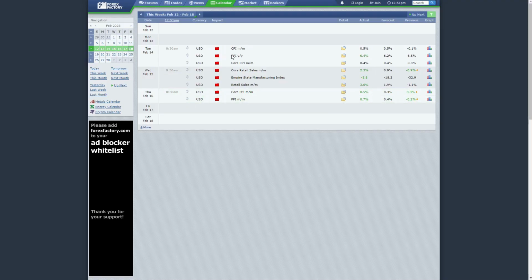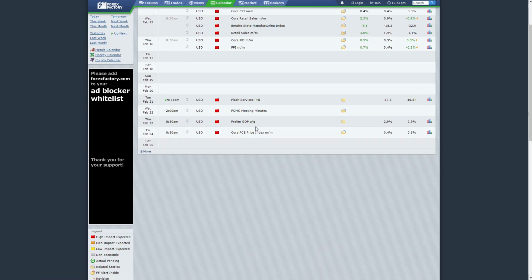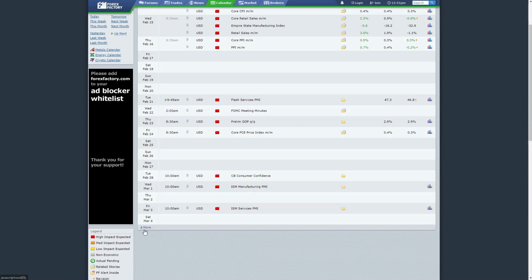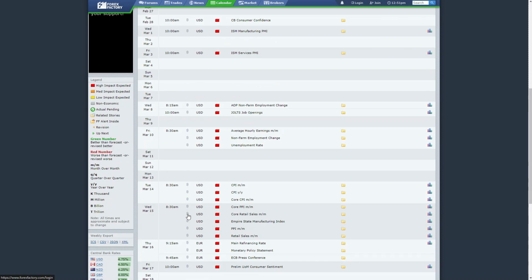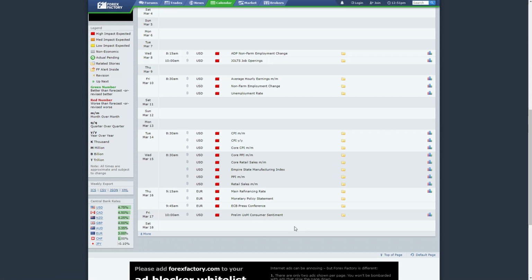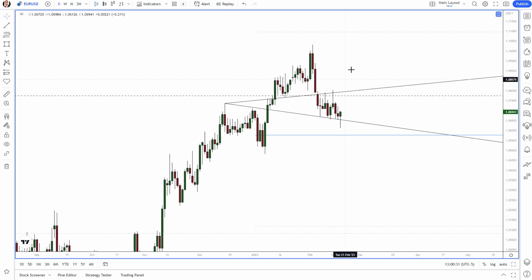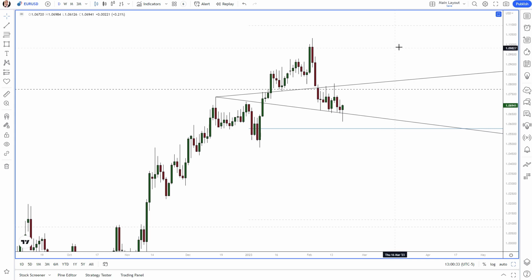This was the previous week, and going forward, we don't have any major news until I believe mid-March. You can see all these data points and economic data releases coming out here between March 14th and March 17th. So, yep, that's where we're going to leave off.